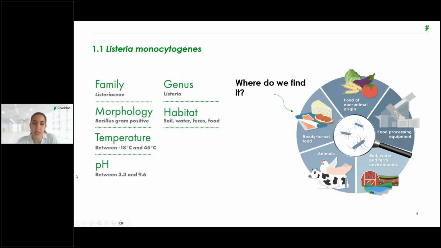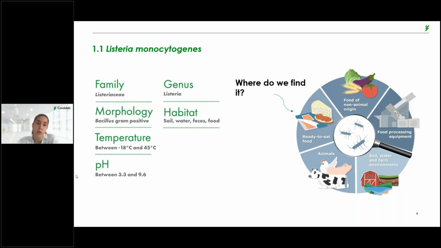So, as I was saying, Listeria is a common bacteria in foodborne illness. So we will talk a little bit about the characteristics of this one. Listeria monocytogenes belongs to the Listeria family. It's a gram-positive bacillus. It can survive in a wide range of temperature between minus 18 degrees Celsius to 45 degrees.